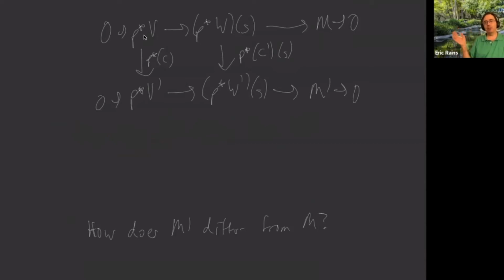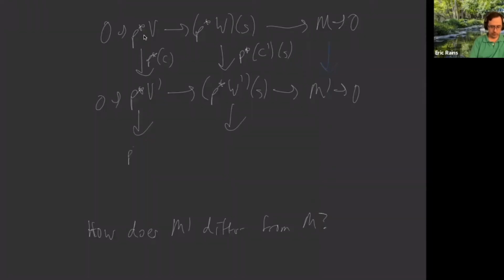Okay, so standard games with short exact sequences, we get an induced map, and we can also take these co-kernels.